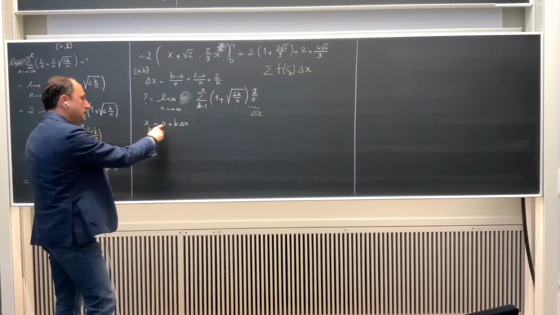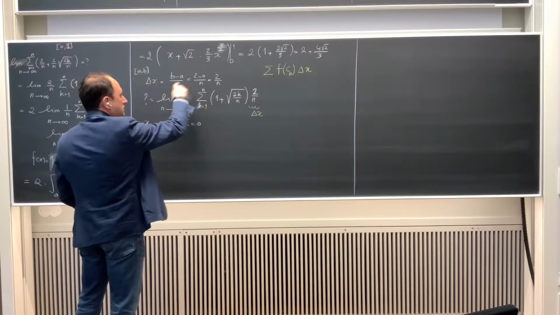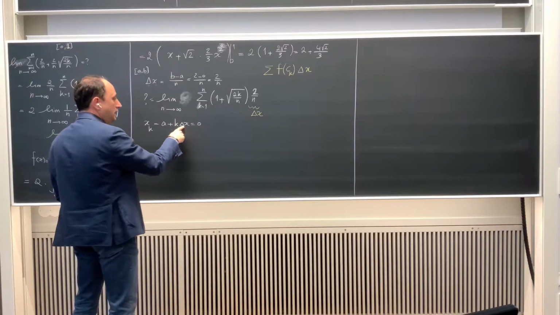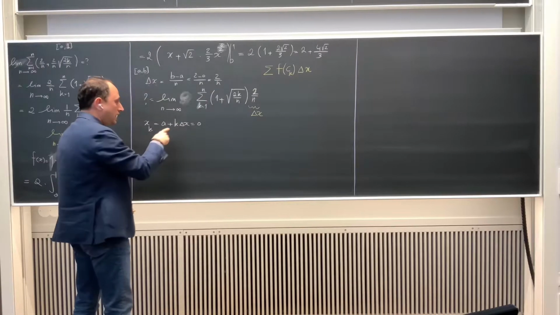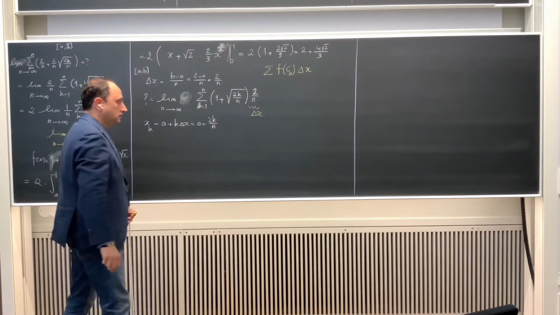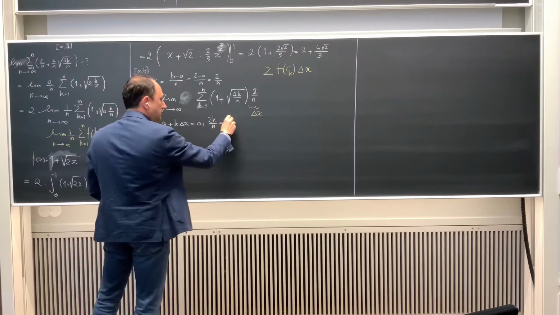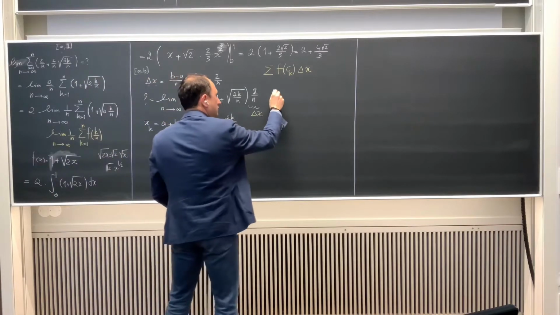But a in this problem is 0 again, because I want to work on this interval 0 to 2. k is k, and delta x is 2 over n. When I multiply it, it becomes 2k over n. And now I ask you, what is the kth interval?